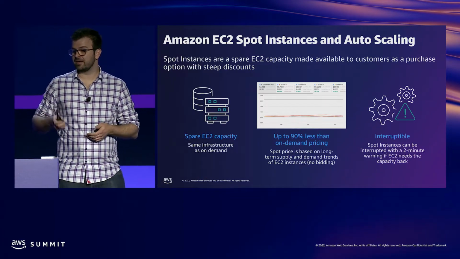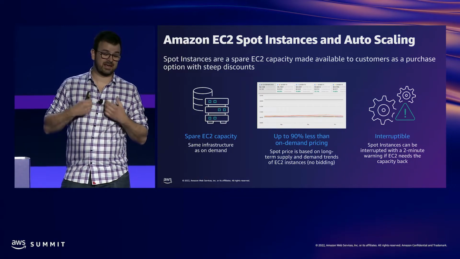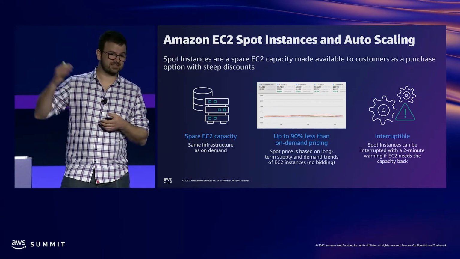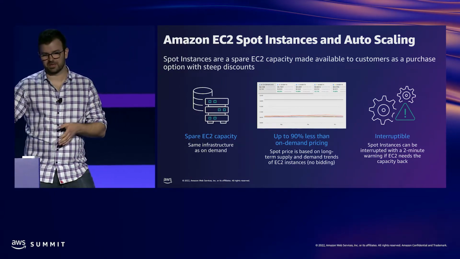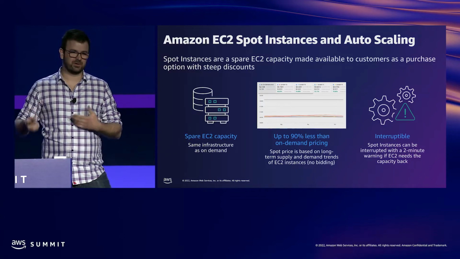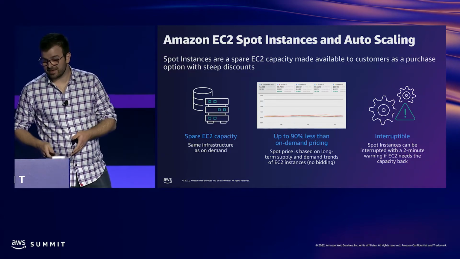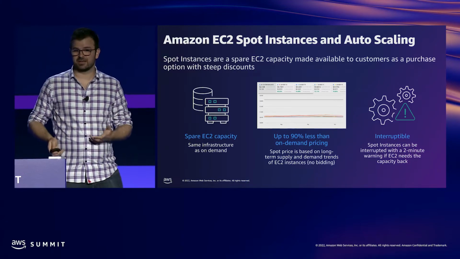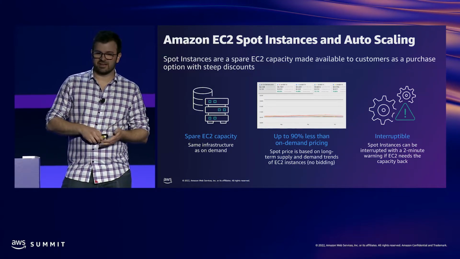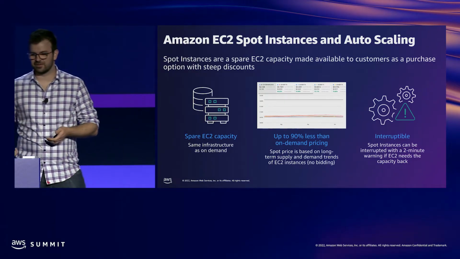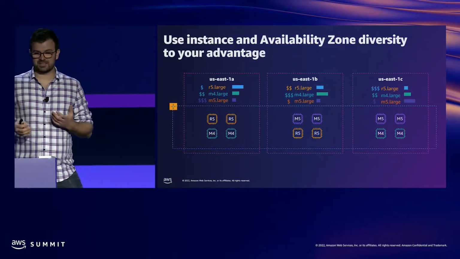Now, the caveat is that if somebody walks up and they say, hey, I'm going to pay you full price for this instance, we're going to take that instance and give it to them. But we'll give you a 2-minute warning so that you have plenty of time to make sure that your application stays up and running. And honestly, it isn't as scary as it sounds. These spot interruptions, if you've built stateless applications that are fault tolerant and designed for failure, it's pretty seamless.